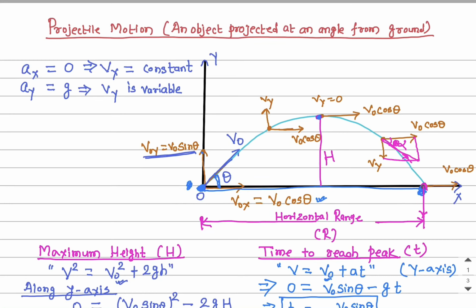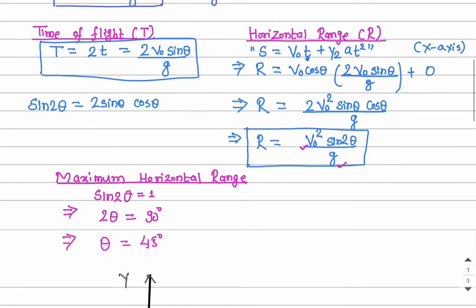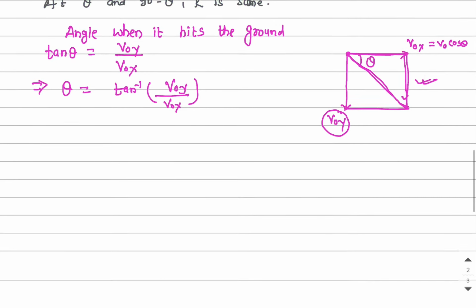This angle alpha is the angle or the direction of the projectile with respect to the x-axis at any point.